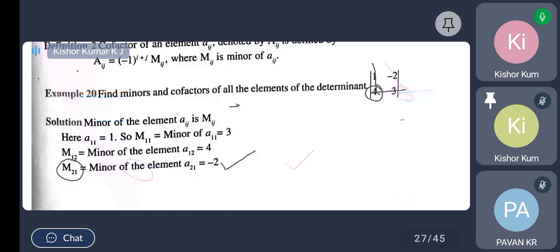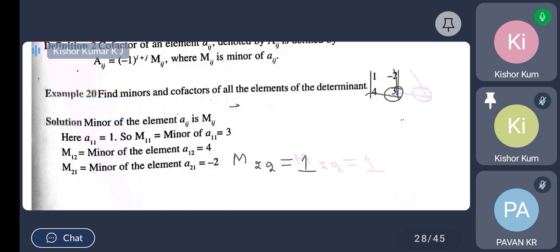That is your M21 value. And finally, we should find the M22 value. M22 is the minor of the element in the second row, second column. Delete the second row and second column, and you will get 1. That is the minor of element A22, which we represent as M22.